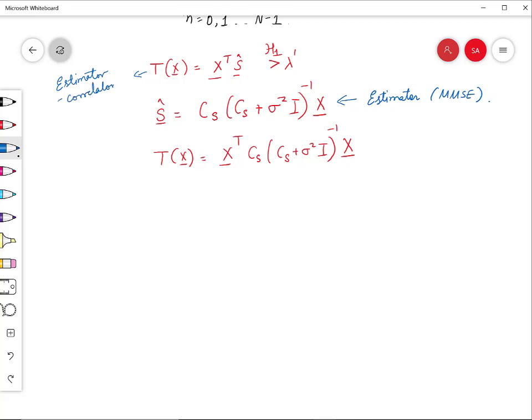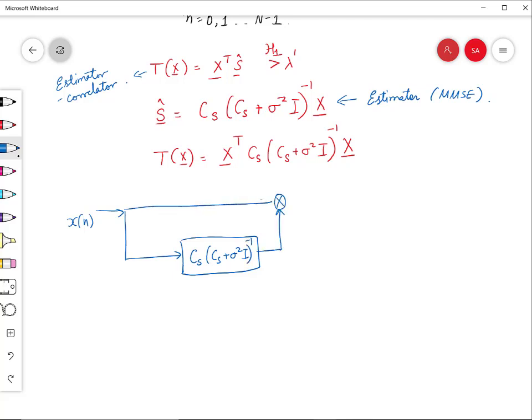We also drew the block diagram where we took Xn, passed it through a Wiener filter with response Cs times (Cs plus sigma square I) inverse, then multiplied it with our signal Xn. So this was our S hat of n.